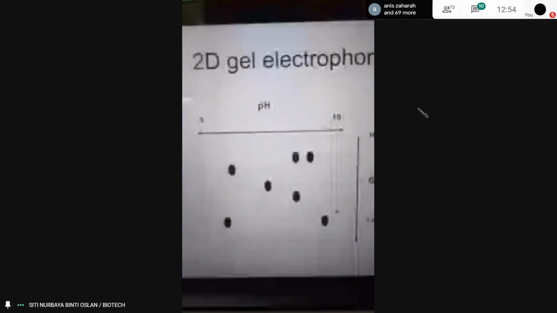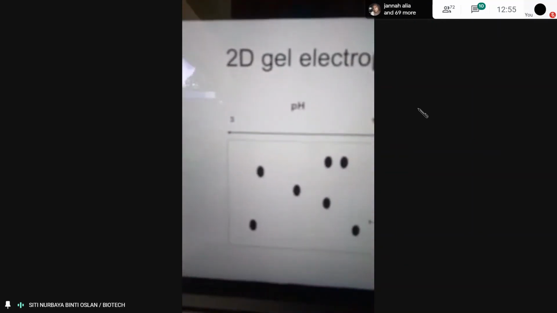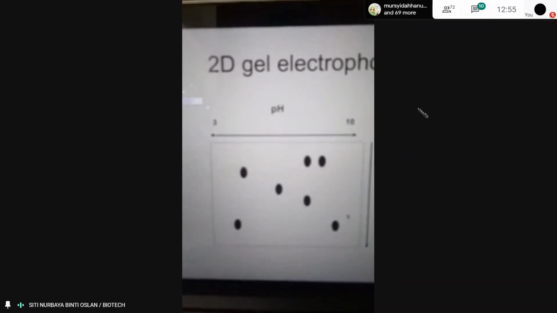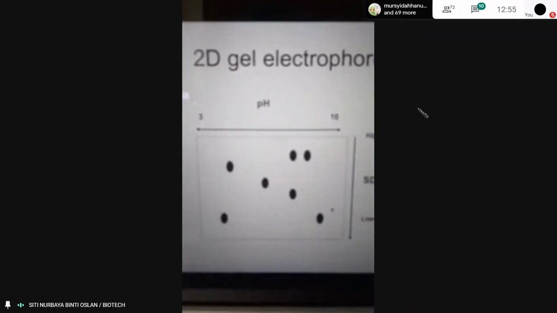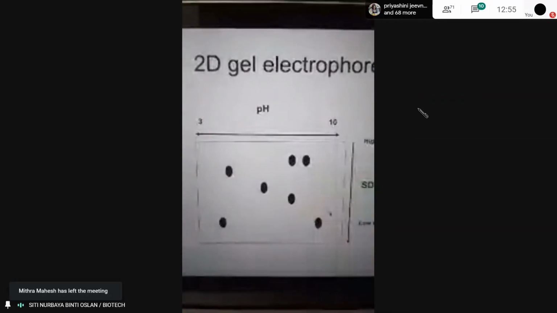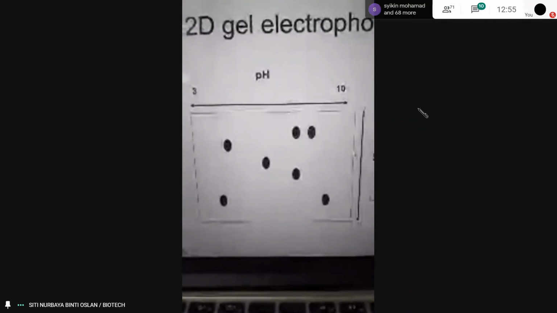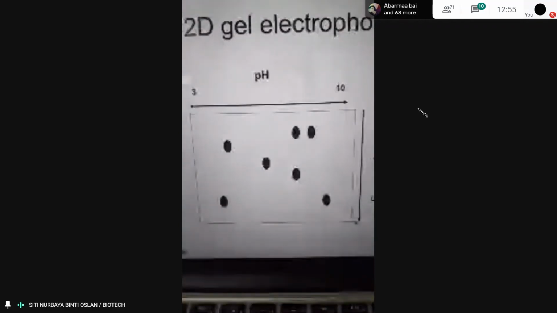If you run the gel, if you prepare the lower part of the gel using native pH, this protein will not be in the standard movement because the movement of the protein in native pH is based on the nature of the protein. If it is too bulky or there are lots of negatively charged proteins, okay, we run the gel from negative to positive, right? Correct me if I'm wrong, it's from negative to positive.